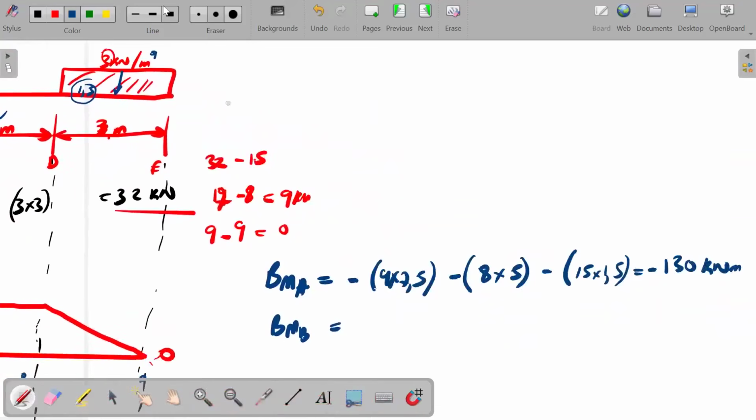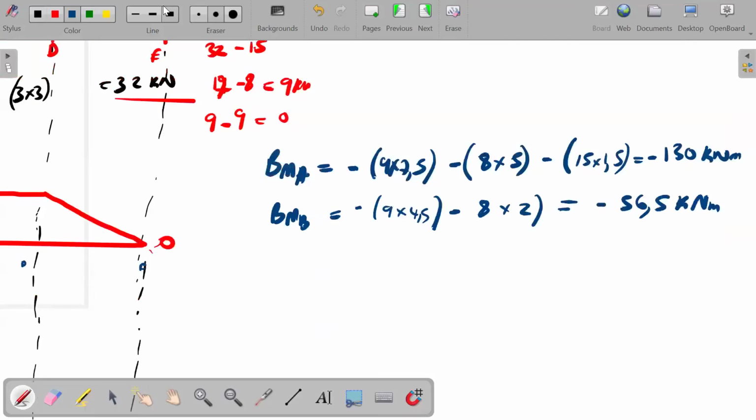So this is going to be 9 times 4.5, and then 8 times 2, and that is going to give us negative 56.5 kilonewton meters.